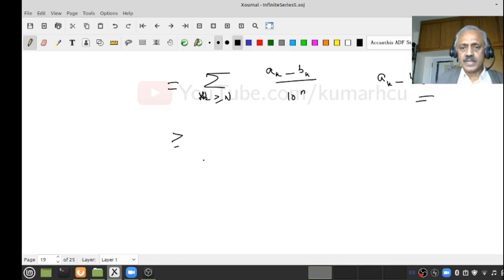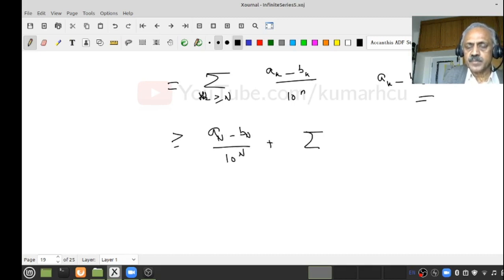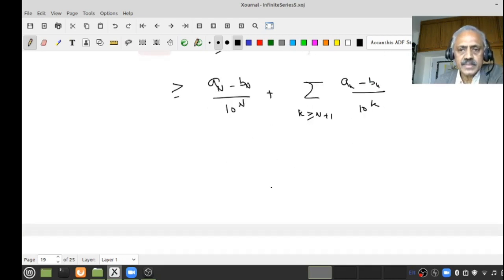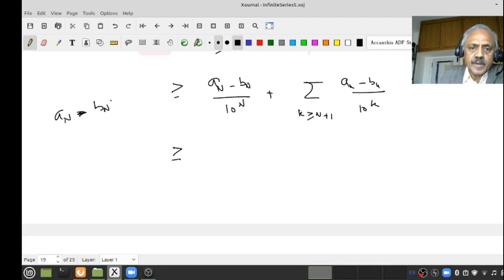the first term is (a_N minus b_N) by 10 to the power N, plus the summation of (a_k minus b_k) by 10 to the k, where k is greater than or equal to N plus 1. All of you agree with that? Yeah? But therefore this is greater than or equal to, now remember the a_n's and b_n's are all integers. Therefore a_N minus b_N will be greater than or equal to 1, because a_N is strictly greater than b_N.